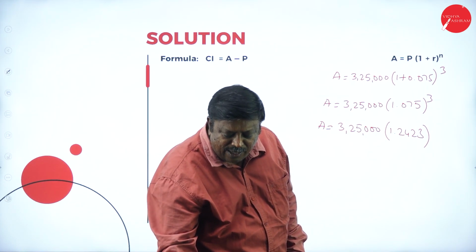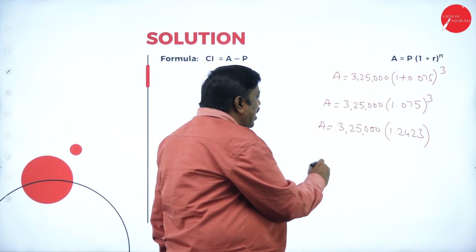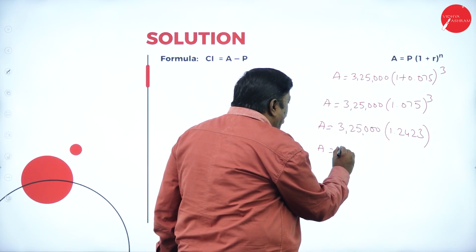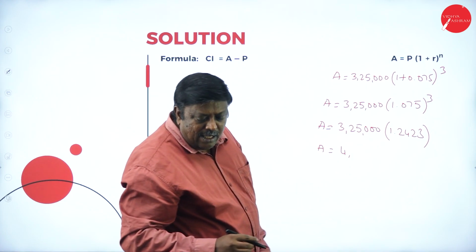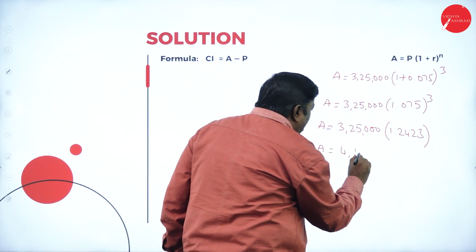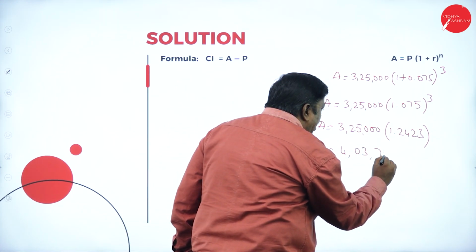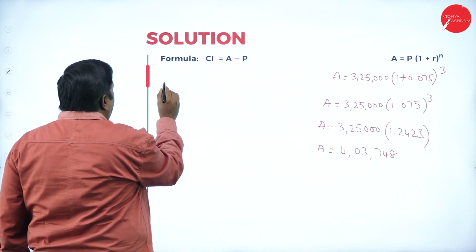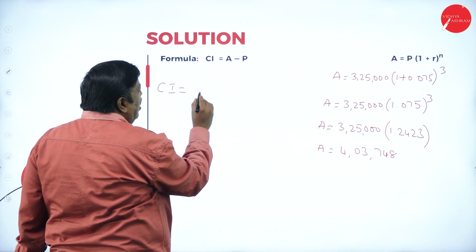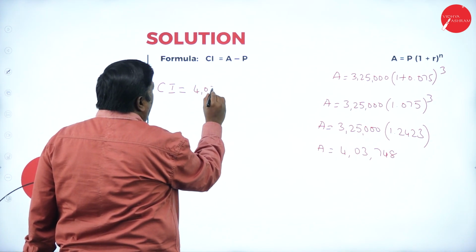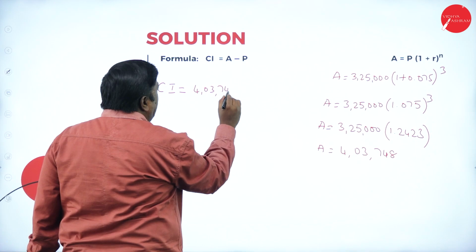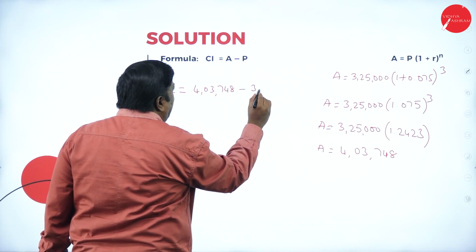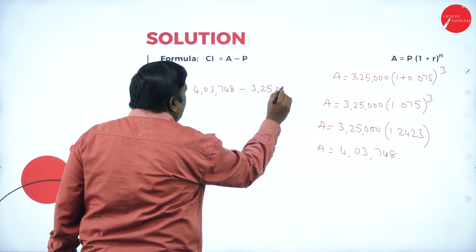The annuity value will be 4 lakh 3,748. So now compound interest will be 4 lakh 3,748 minus 3 lakh 25,000.